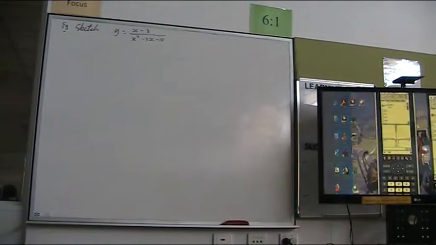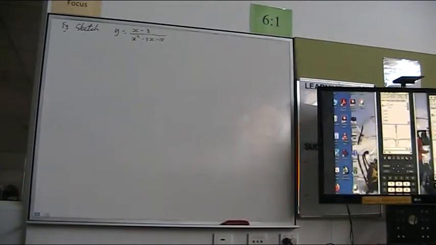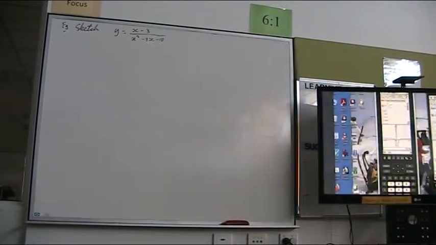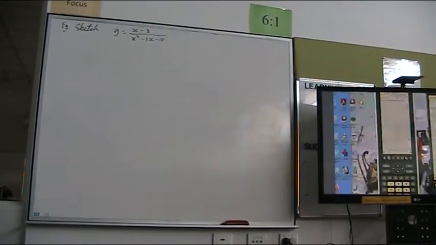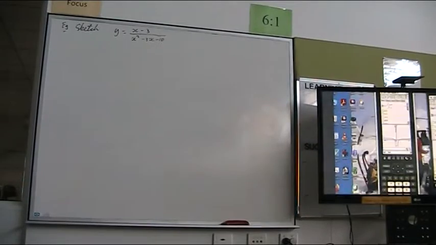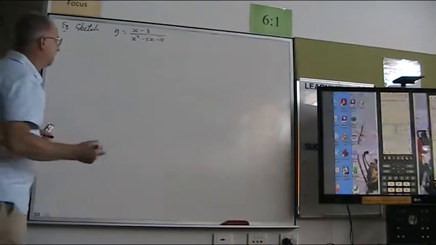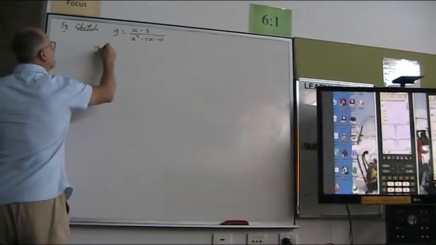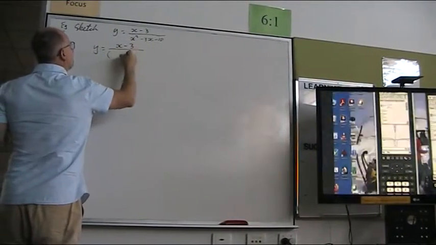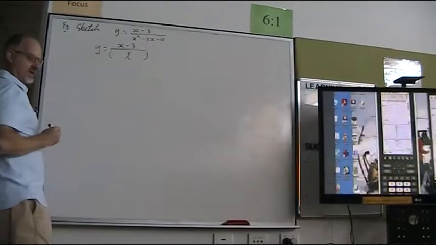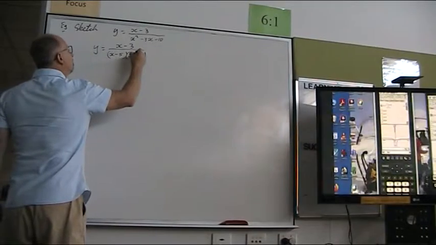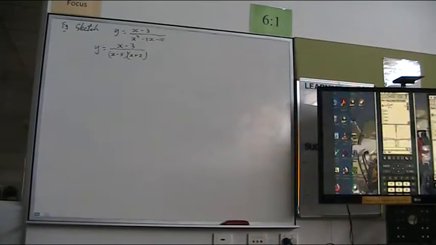All right, so in this one, our power on the denominator, x squared, is greater than the power at the top, x. So there's no dividing out manipulation to make it simpler. The only thing that we can do is factorise the denominator: minus 5 and plus 2, I think, would be correct.